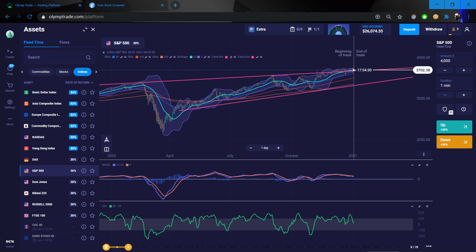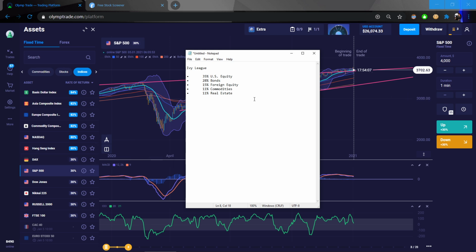The last example of portfolio allocation that I want to show you is the Ivy League endowments. All of you guys have heard about Harvard, Princeton, Yale, Columbia University. These are the top universities in the United States, arguably in the entire world, and they also have their own investment program.